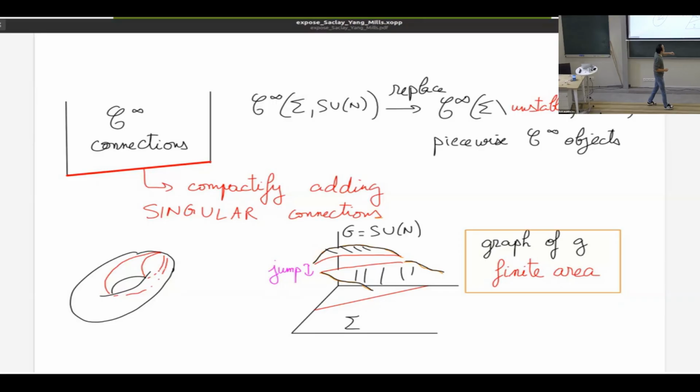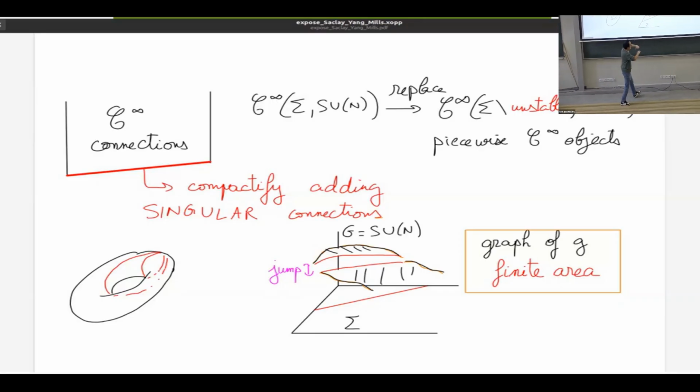We are going to consider gauge transformations which develop certain jumps along the unstable curves. Here I tried the best I could to draw you a picture of a certain gauge transformation where you see that it jumps along the unstable curves.